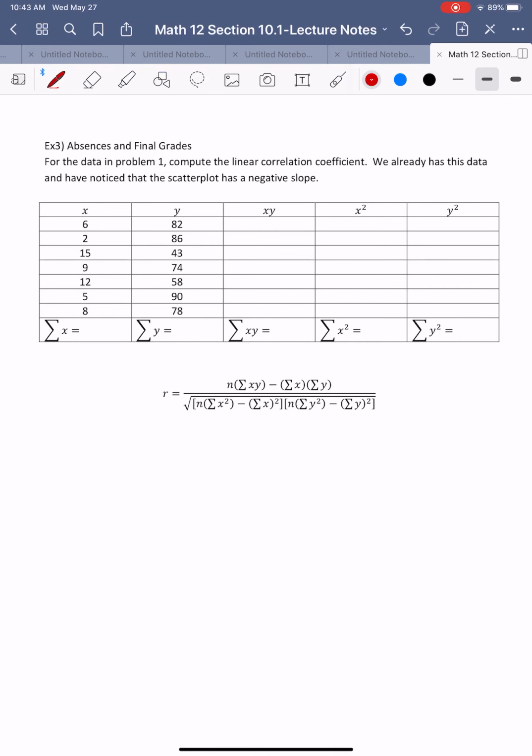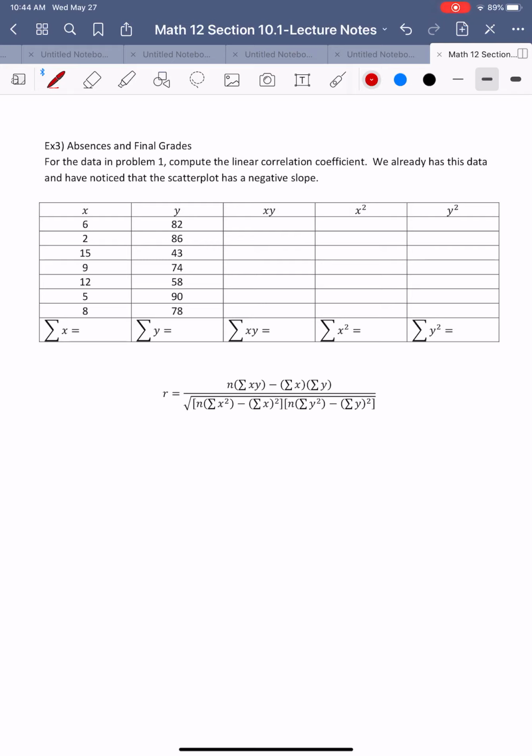From the data in problem 1, the absences and the final grades, compute the linear correlation coefficient. We already have the data. Notice that the scatter plot has a negative slope. So 6 and 82, 2 and 86, 15 and 43, 9 and 74.